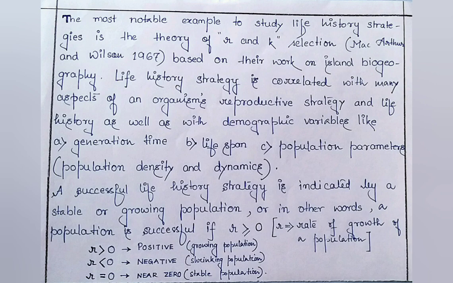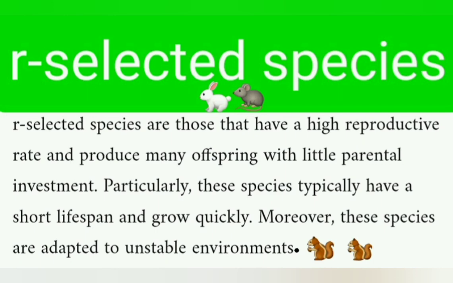So a positive value indicates a growing population, while a negative value indicates a shrinking population. That means when the value of R is less than 0, then we say that the population is a declining or shrinking population. And finally, when R is equal to 0 or near 0, we say that the population is a stable one. Now we'll talk about R and K selected species in detail.